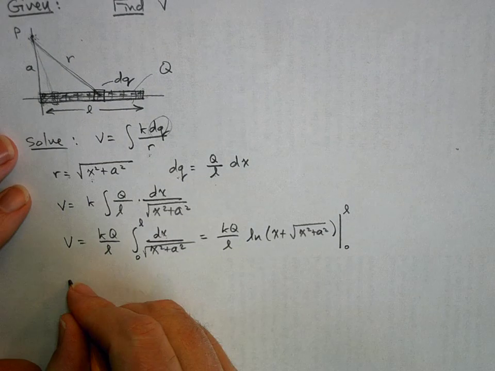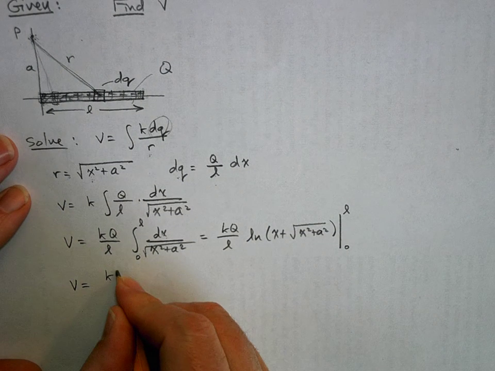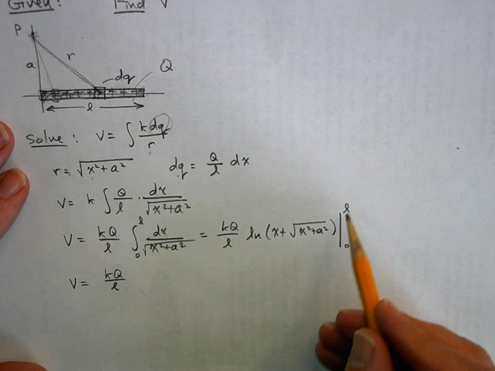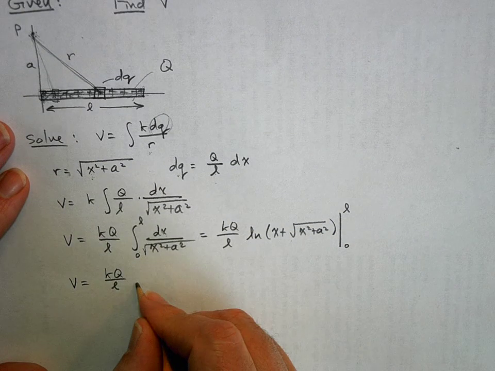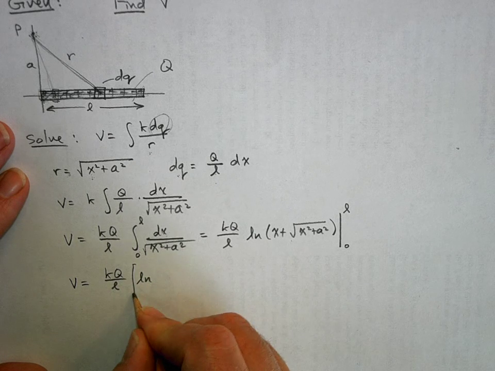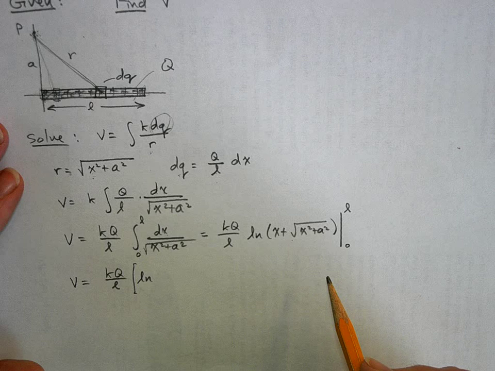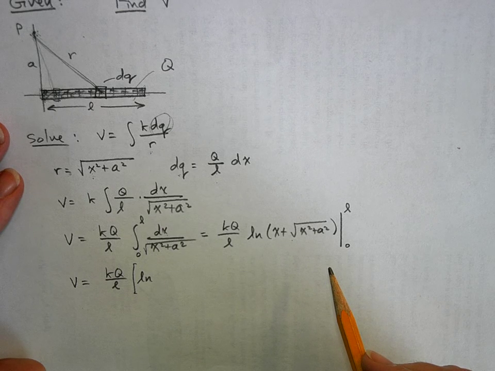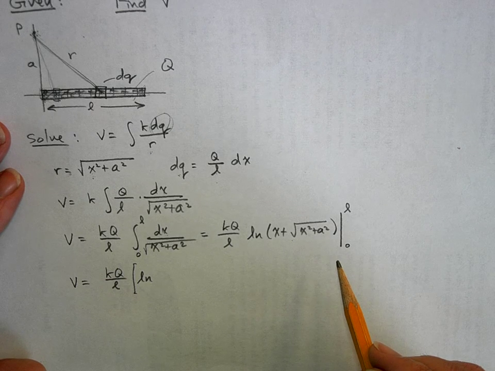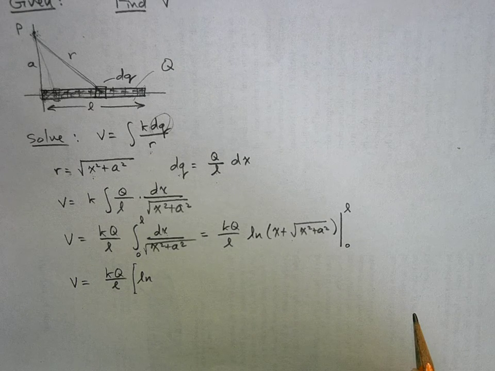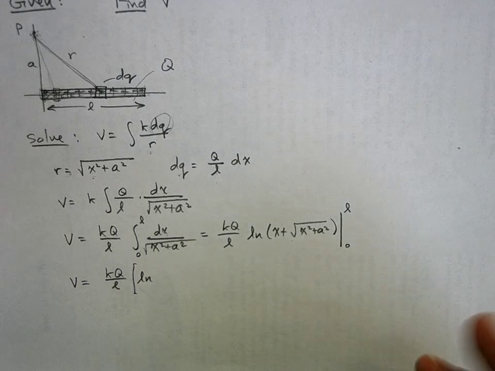Okay, kq over L. We're going to plug in the L. It's the natural log. Now, don't you just make one of them the numerator and the other one the denominator? No, you sub in L for x, and then you subtract and sub in 0. When you subtract natural logs, they pile on top of each other. We'll do that later. You're right, we'll do it one step at a time.